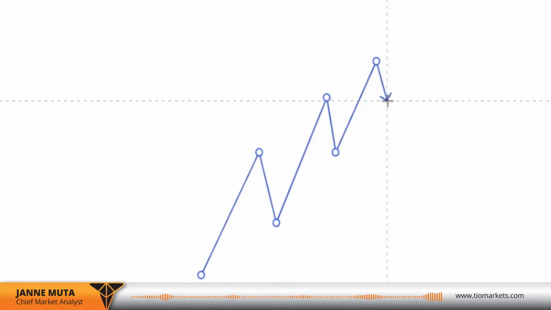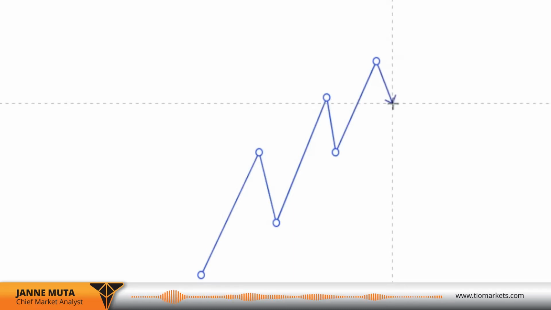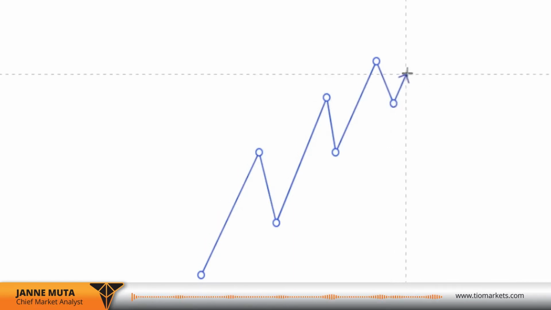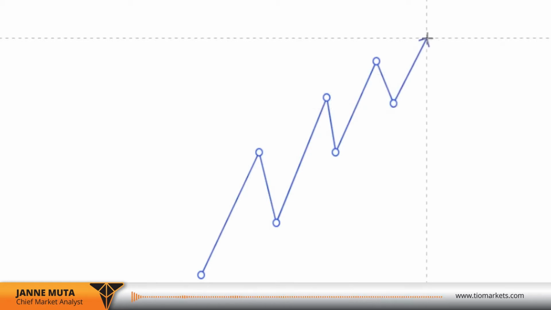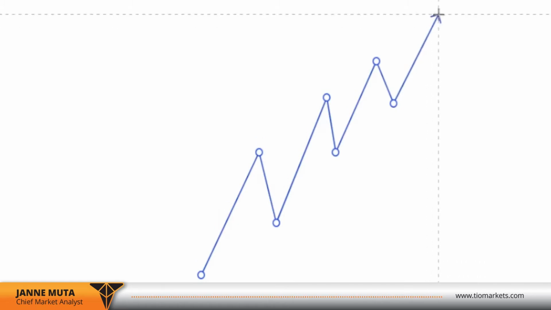So if the market now moves above this level and then starts to move higher again, then we have another higher swing point, or you could call this a series of higher highs and higher lows. So this is basically what market structure is about, and that's basically an uptrend.